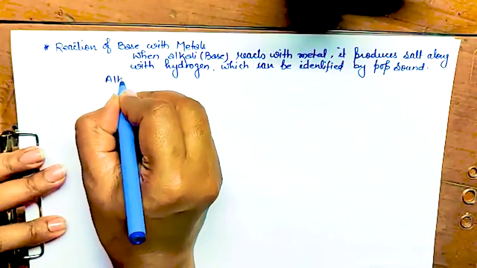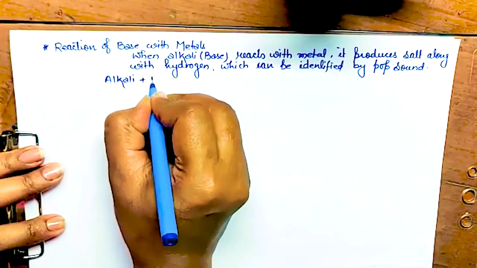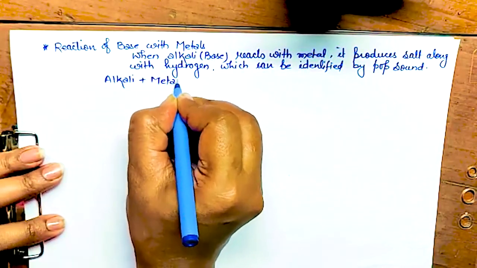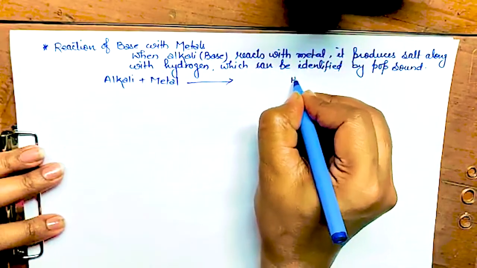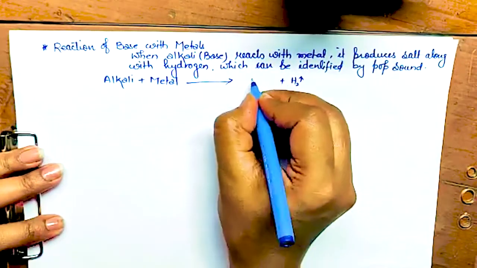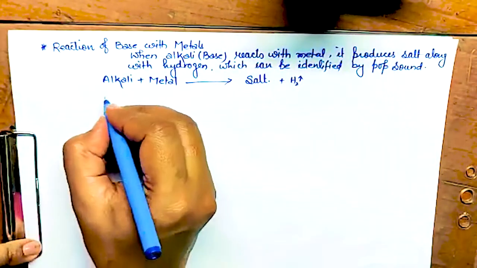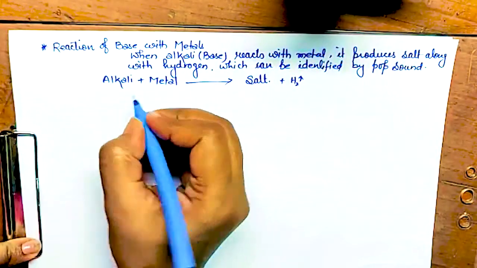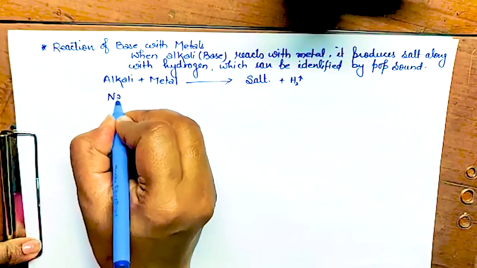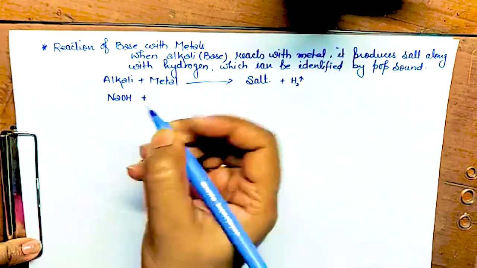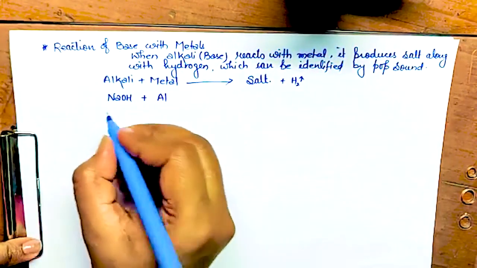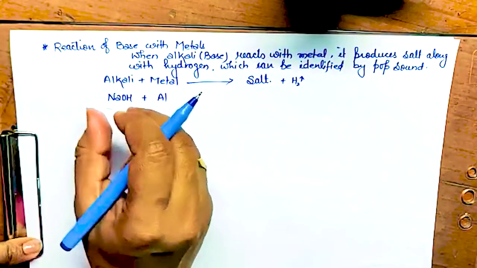If this alkali reacts with metal, it will liberate H2 gas for sure, and along with this a salt will form. Got it? So if you write the reaction, take any alkali like KOH or NaOH, suppose I am taking NaOH, and any metal like aluminium. So this is an alkali solution.